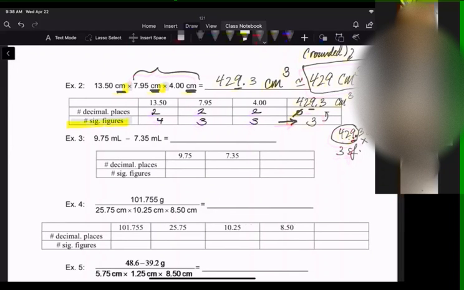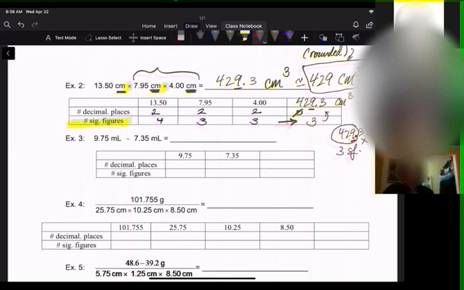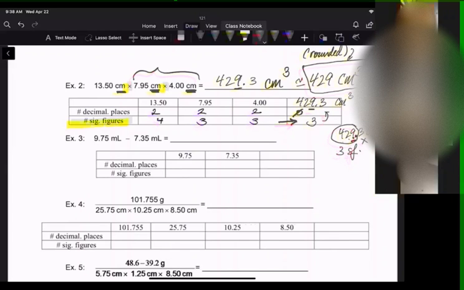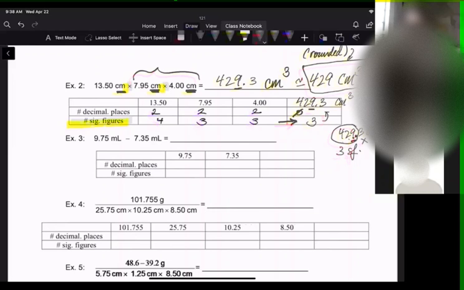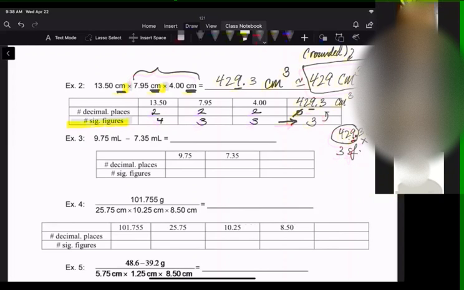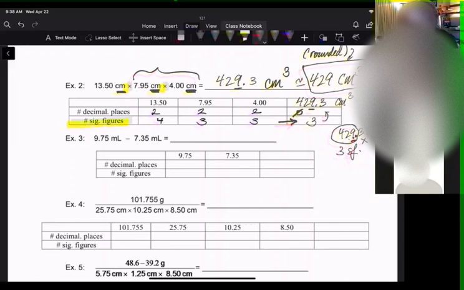I'm sorry, I'm still a little confused. Let me help you. During multiplication and division, we look at significant figures. The fewest significant figures, that means in here we have 3 numbers to be multiplied. One has 4 significant figures, but the other 2 have 3.